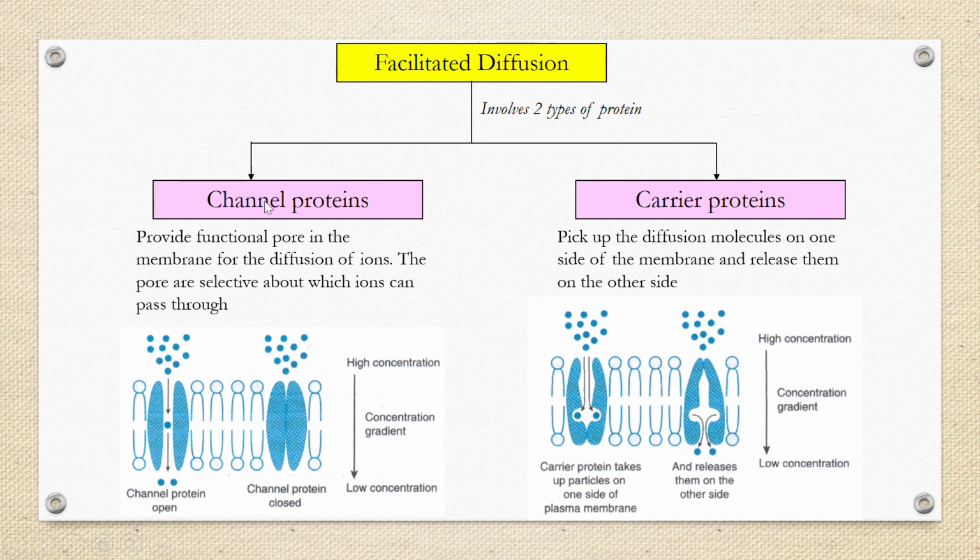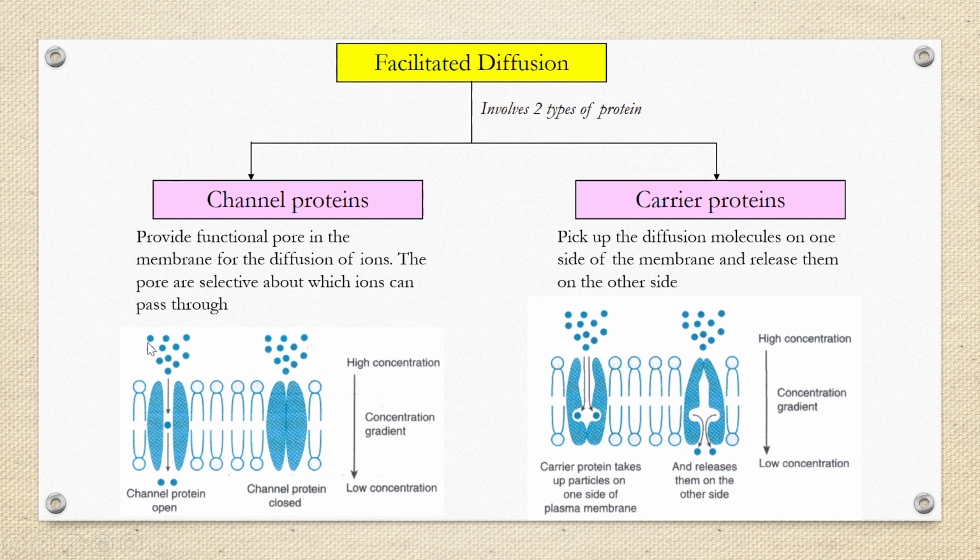Okay, so let's look at channel proteins. They provide a functional pore in the membrane for the diffusion of ions. Remember, ions are hydrophilic, not lipid soluble substances. The pores are selective about which ions can pass through.